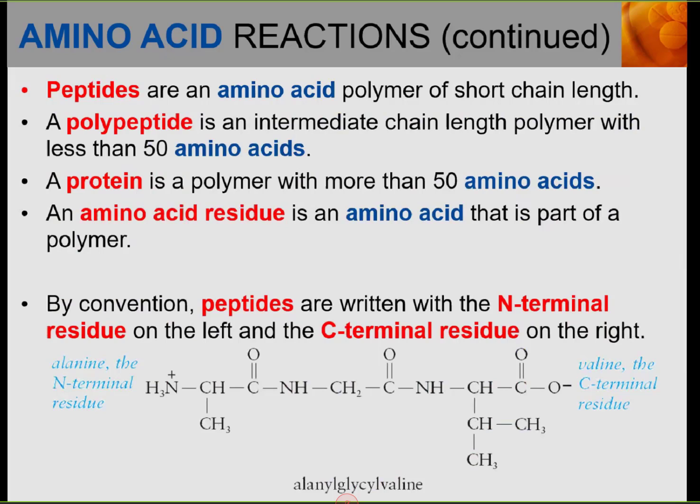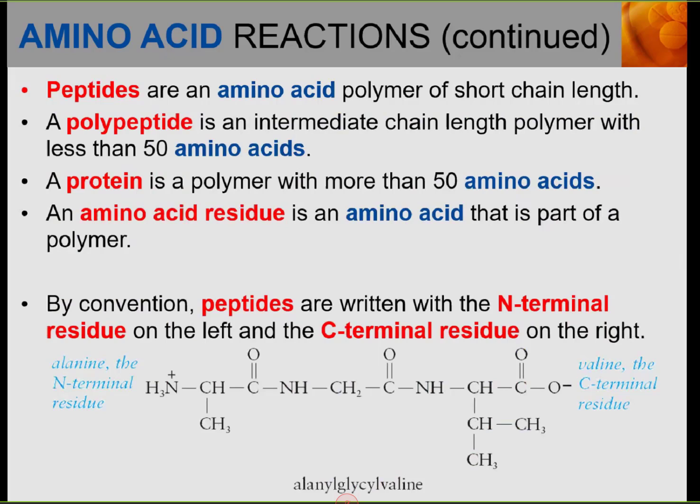And if you combine more than 50 amino acids, then you make a protein. The convention when you write these peptides, polypeptides, and amino acids is that the nitrogen, the amino group, is on the left, and the carboxylic group is on the right.